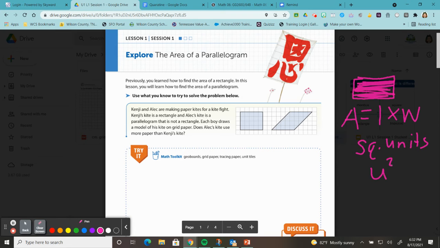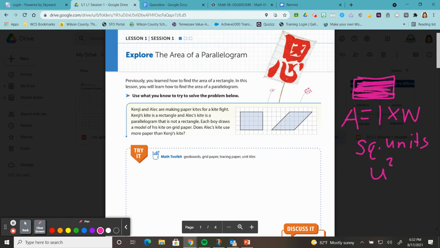So we're going to take a look at a problem. This problem says, Kenji and Alec are making paper kites for a kite fight. Kenji's kite is a rectangle and Alec's kite is a parallelogram that is not a rectangle. Each boy draws a model of his kite on grid paper. Does Alec's kite use more paper than Kenji's?